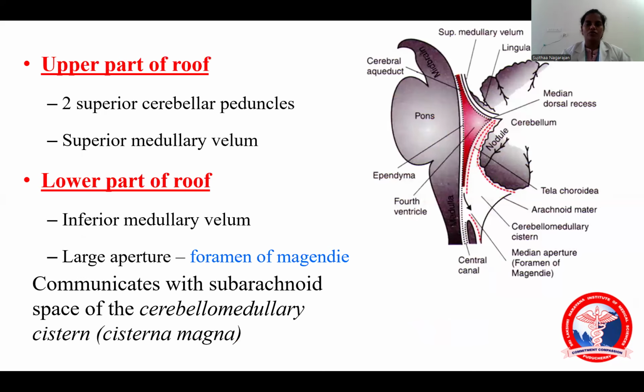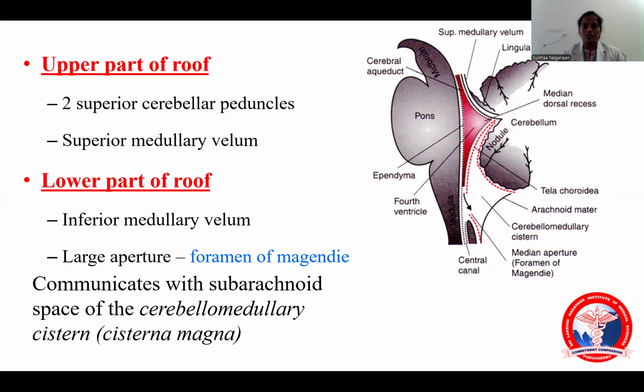Now the upper part of the roof is formed by the two superior cerebellar peduncles and the superior medullary velum. So this one is the superior medullary velum. The lower part of the roof is formed by the inferior medullary velum and then there is a large aperture which is called the foramen of Magendie.